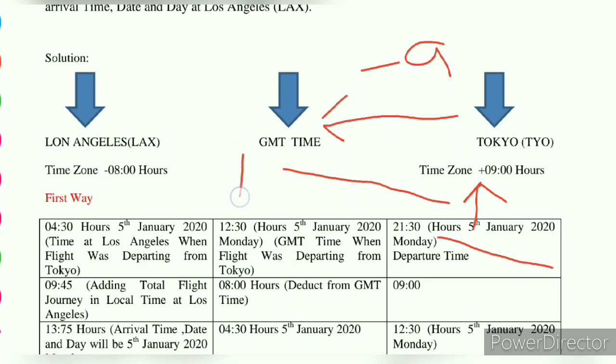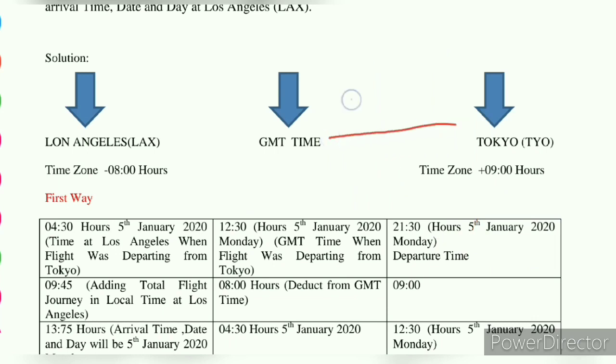Once we have found out GMT time, on that basis we can calculate the local time of Los Angeles. So here we are just going back 9 hours.